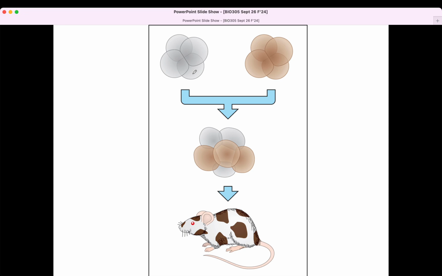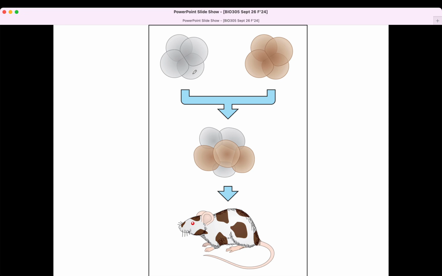And so here's the experiment in a test tube in a lab. Here they take 2 embryos from different parents, and they show them as being different by having a different color. This mom and dad have white fur, and that mom and dad have brown fur.